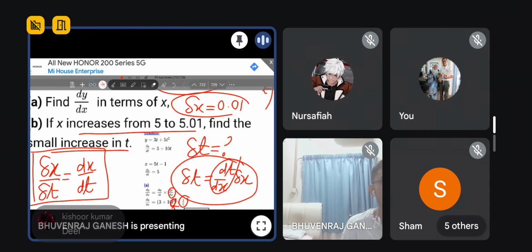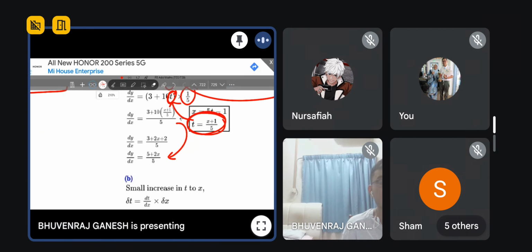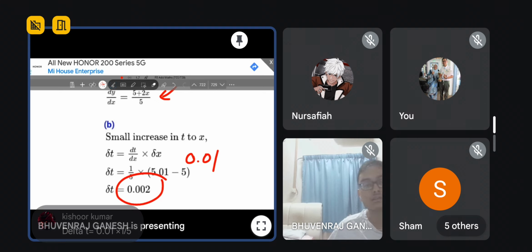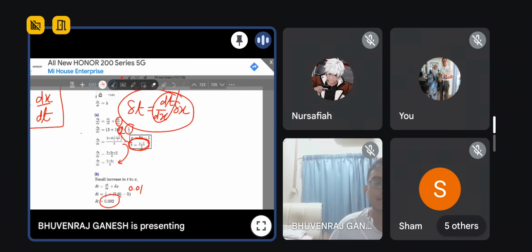So that's why dt dx, you substitute with 1 over 5. And then delta x is your 0.01. So then you will get final answer, delta t equal to 0.002. Yes, correct.